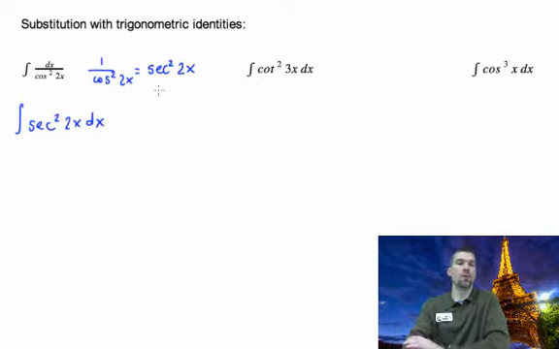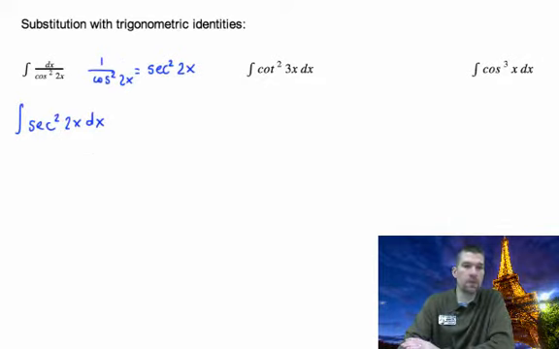But again, when we start to do our integration, we can't handle just a 2x in there. We've got to sort that out. So we're going to let u equal 2x. du dx is equal to 2, so du is equal to 2 dx.